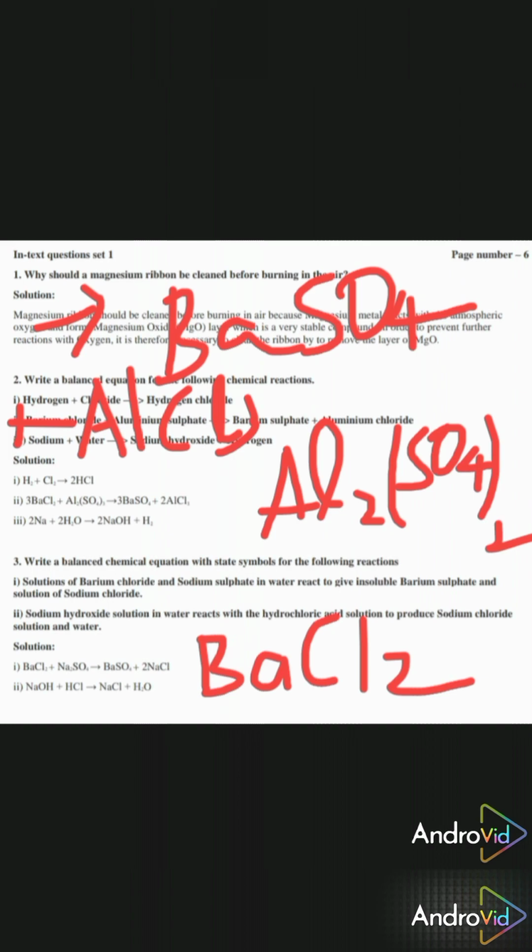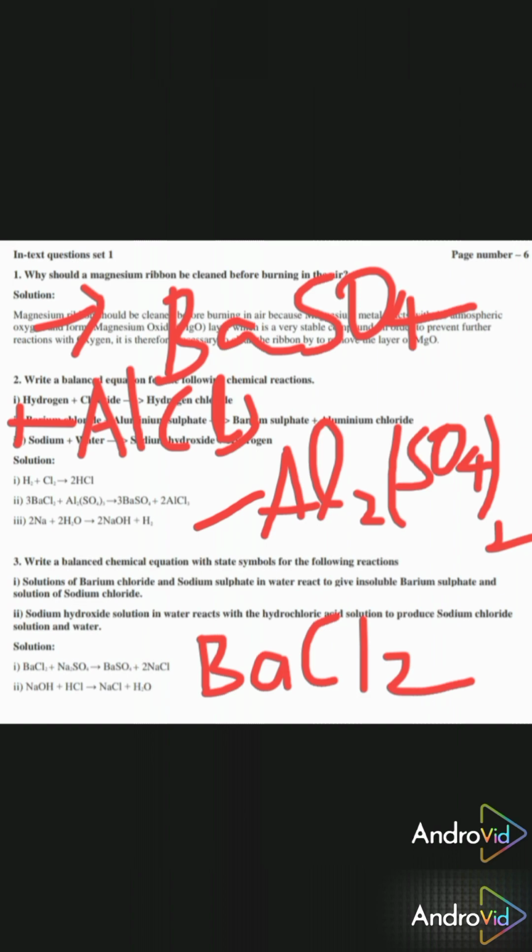So hence we have to balance this. On the reactant side it is only BaCl2, whereas in AlCl3 there are 3 chlorine.